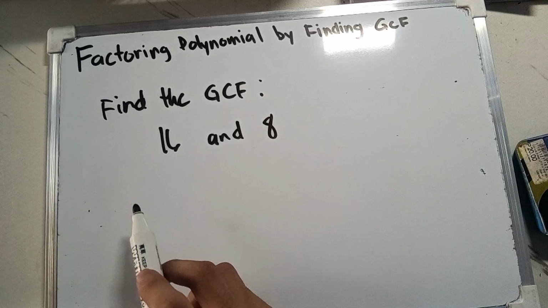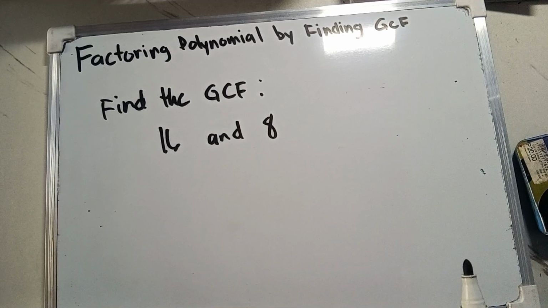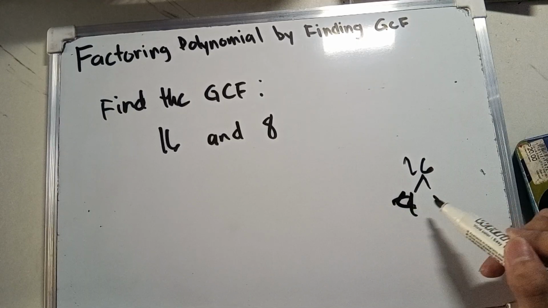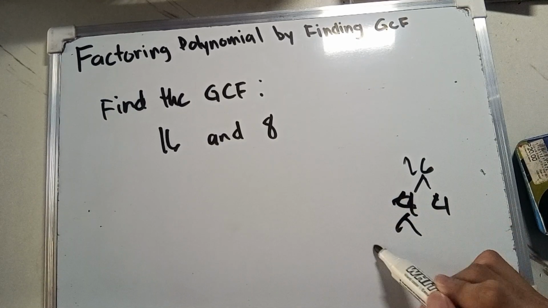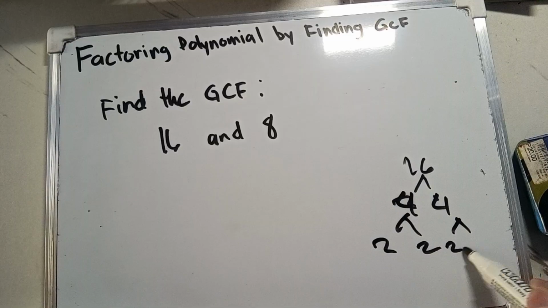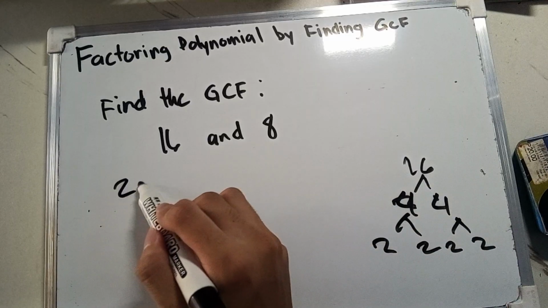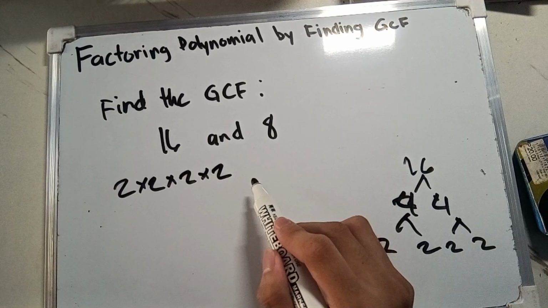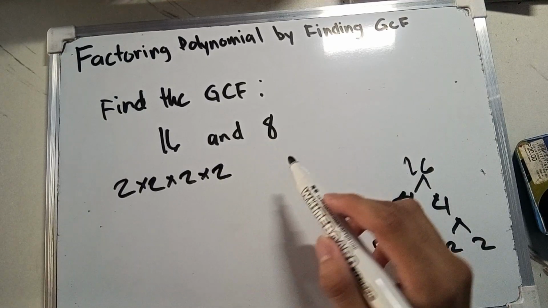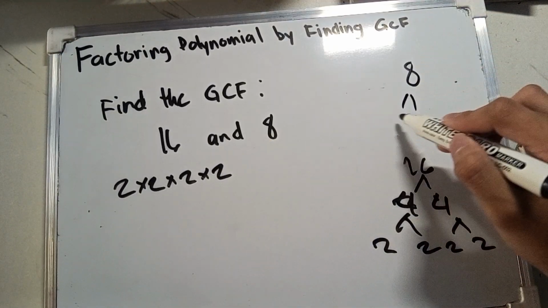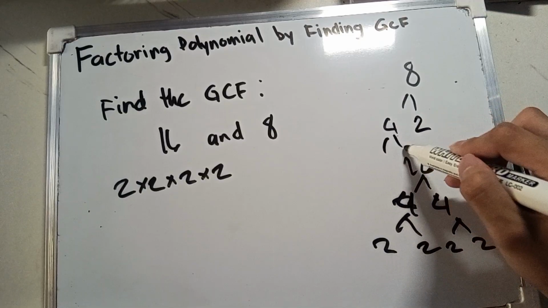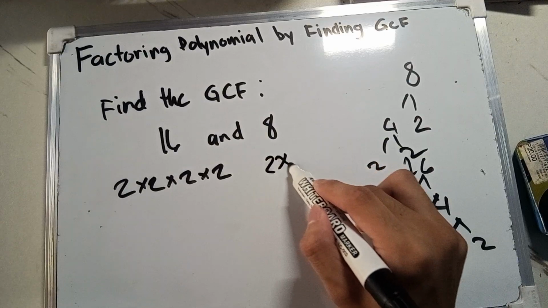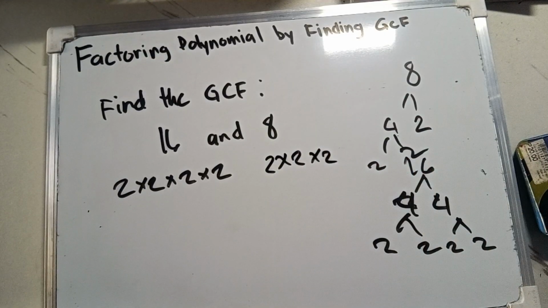First, we need to know their multiples. 16 is 4 times 4, or 2 times 2 times 2 times 2. For the 8, we have 4 times 2, and 4 has 2 times 2, so we have 2 times 2 times 2.